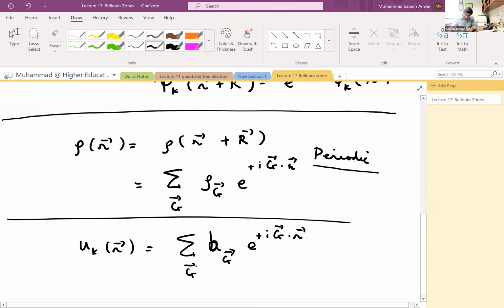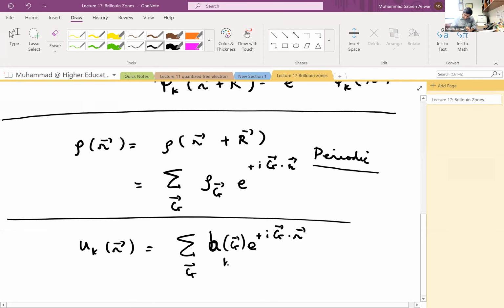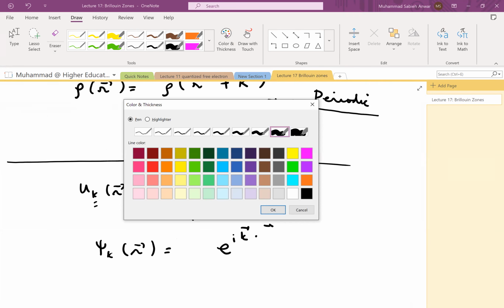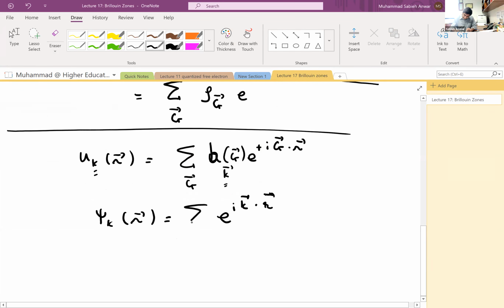Okay, so you could rather put this g as a, put g here as well, doesn't matter, and I put k here because you have to identify the k's as well. So you put this expression into here, e^{ik} dotted with r, u_k(r) now becomes this.